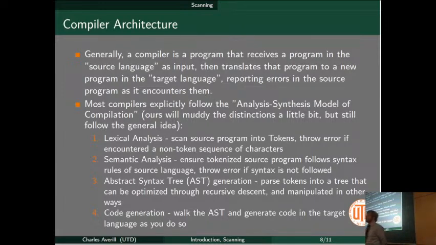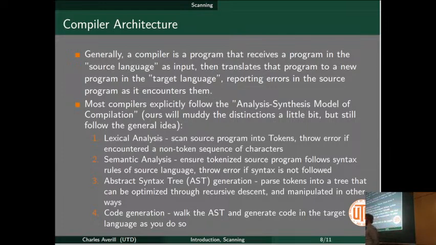It's not super important that it does that or it doesn't do that, but this is just a general framework. So the first step that a compiler will go through is called lexical analysis. So it's going to scan a source program into what we call tokens. And if you're familiar with NLP, yes, it's the same kind of tokens.